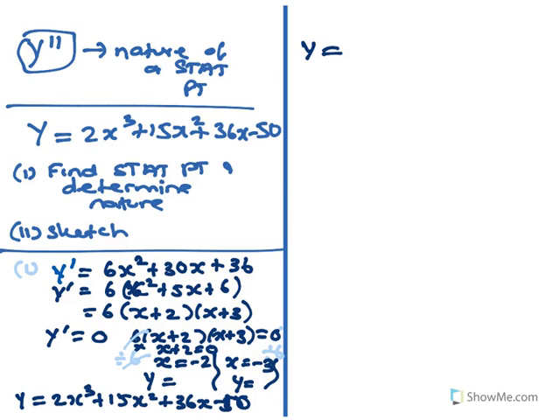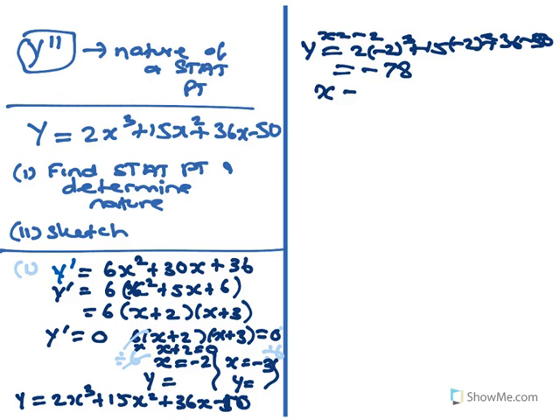So if you get x equals minus 2 and you put it into this function here, 36 minus 50, then you will end up with minus 78, and when you sub in minus 3, you'll end up with y equals minus 77.